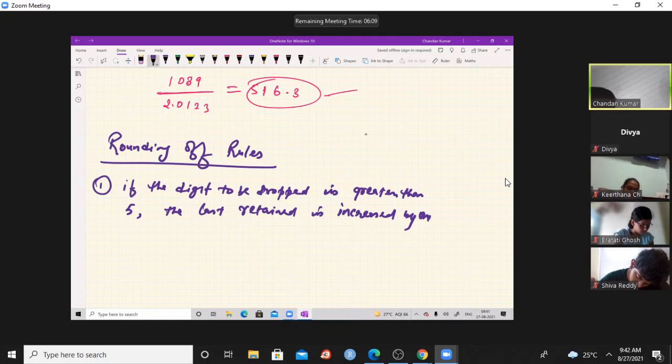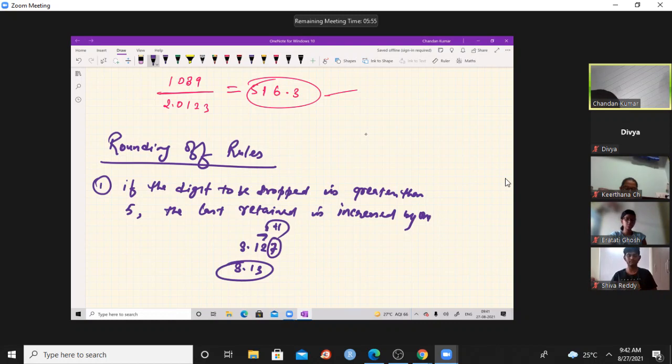Suppose I am having 3.127. I am trying to drop 7, so I will write 3.13. I am retaining this number and I will add +1 into it. Getting it?